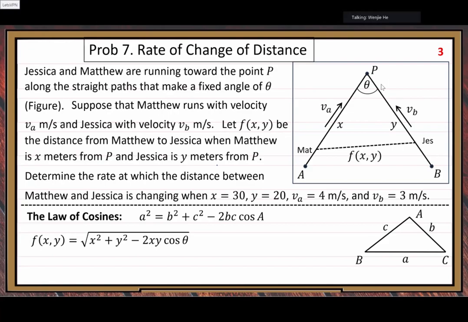Now, you need to calculate the rate of change, df over dt. X is a function of t, y is also a function of t. If in this f function you replace x by a function of t and y by a function of t, the whole formula is a function of t.